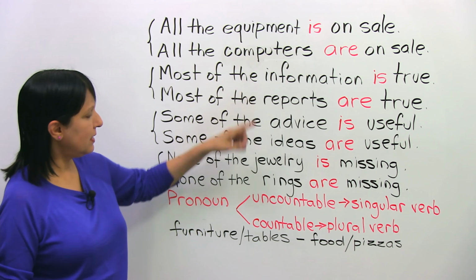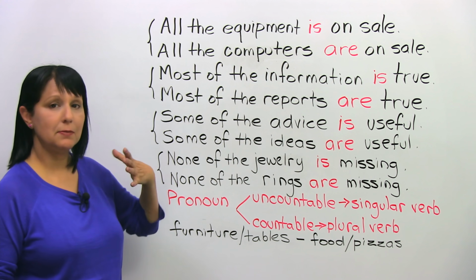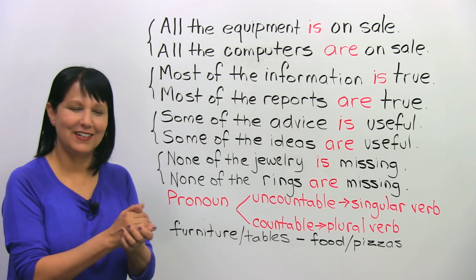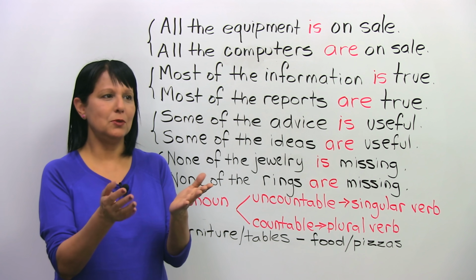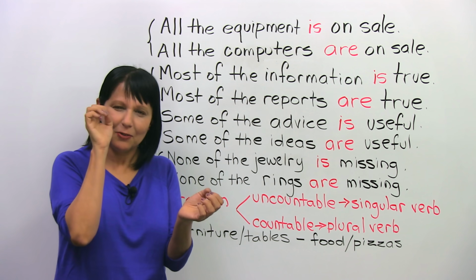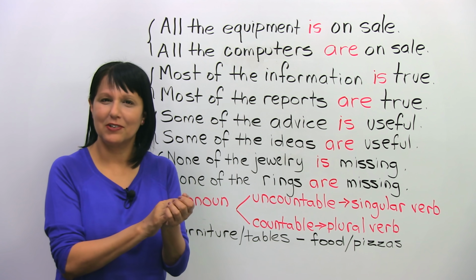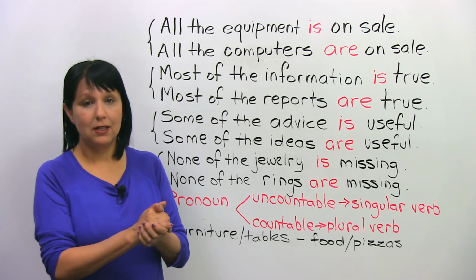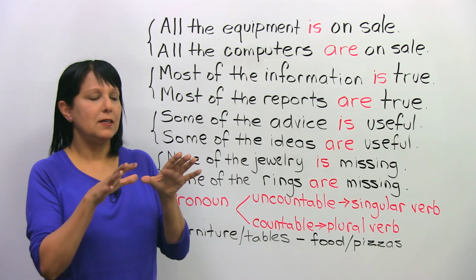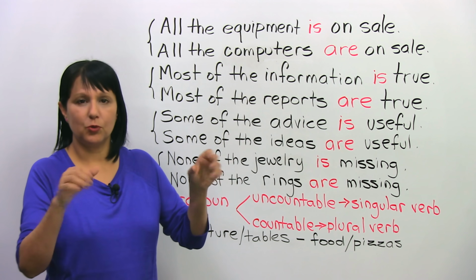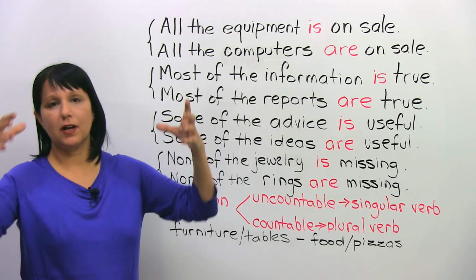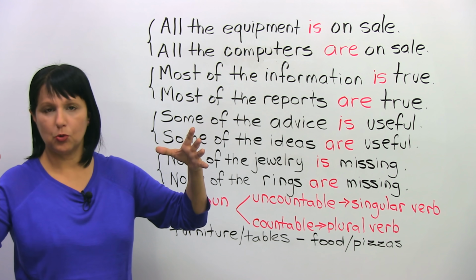So, an uncountable noun is something which we cannot count. For example, sugar. We can't really count, right? All of those grains of sugar, or salt, or flour. That's something uncountable. Also, sometimes when we look at collective words, like furniture, we consider it uncountable because we look at the whole group.